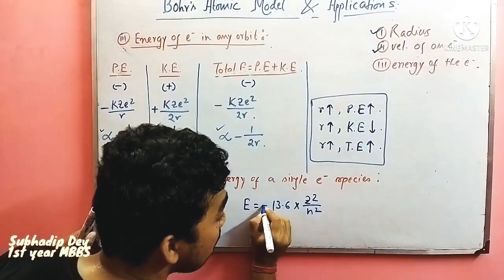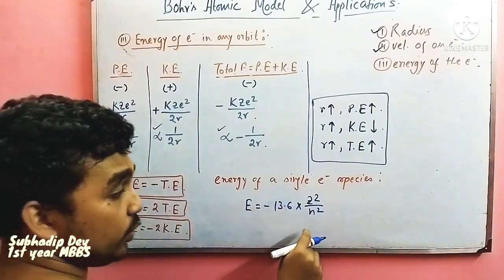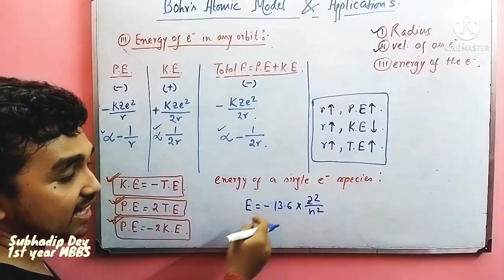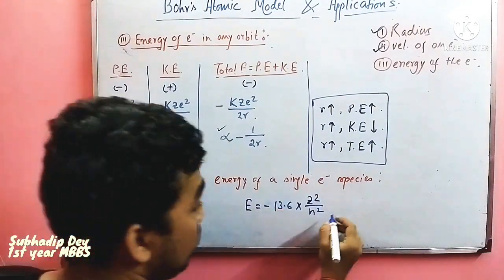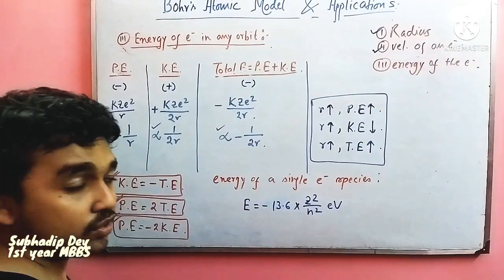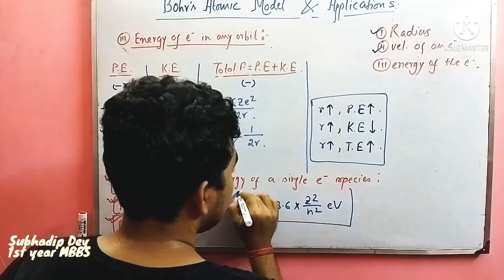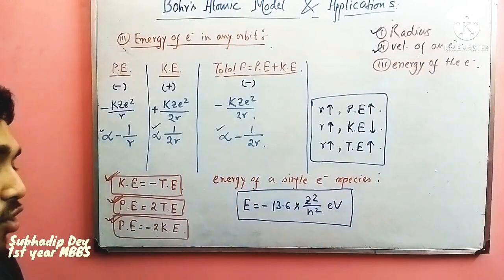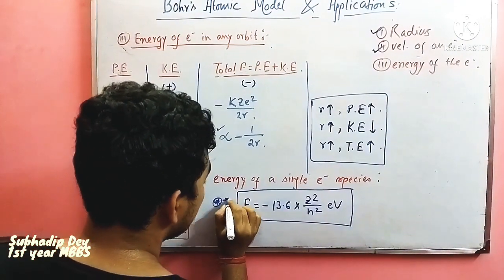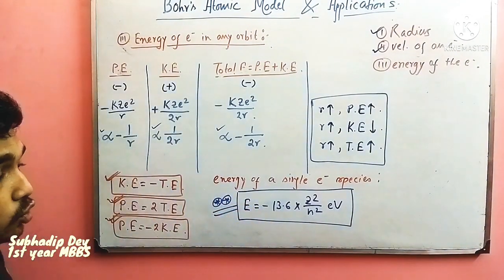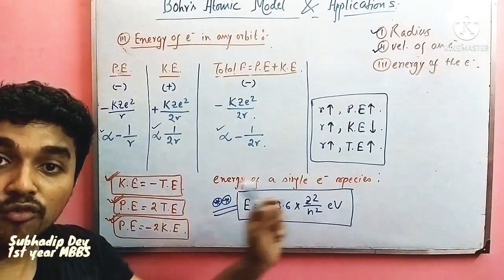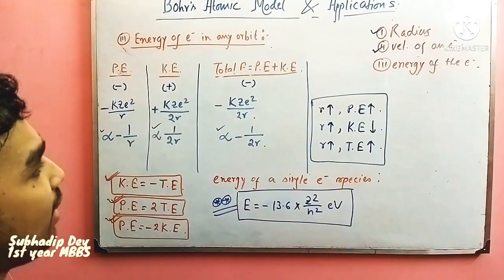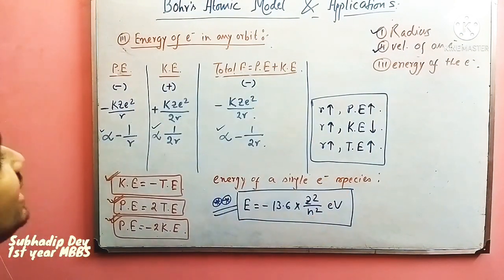So here E equals minus 13.6 into atomic number square divided by orbit number square. And remember the unit? The unit is electron volt. So here you have the energy for a single electron species. Remember, this formula is very, very important: minus 13.6 into Z square by N square electron volt. So now we have come to an end of the energy of an electron in any orbit.